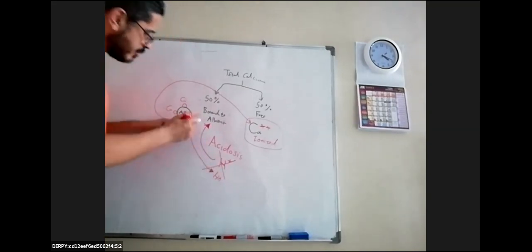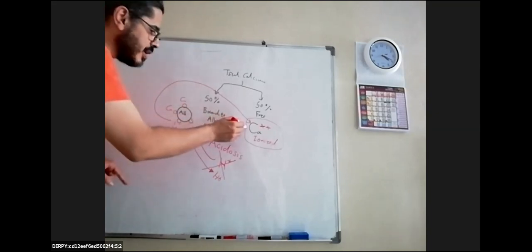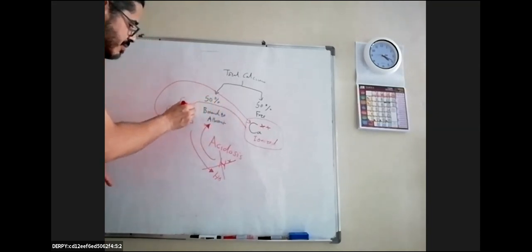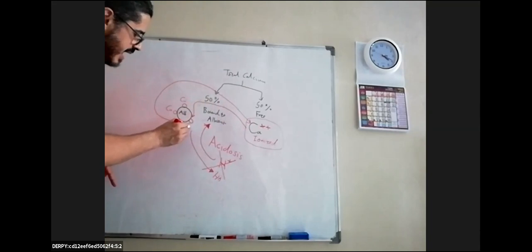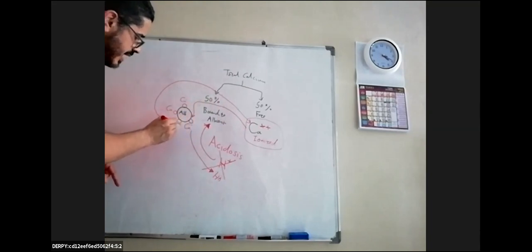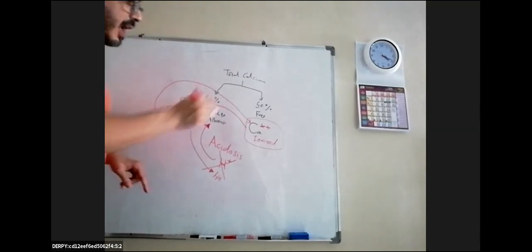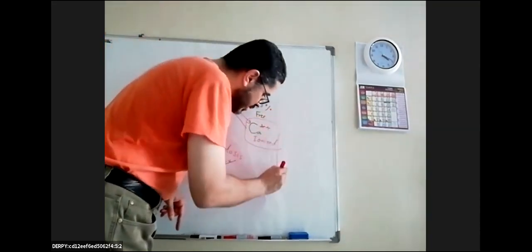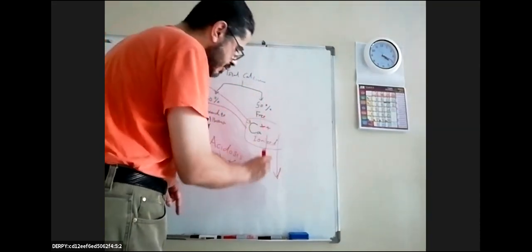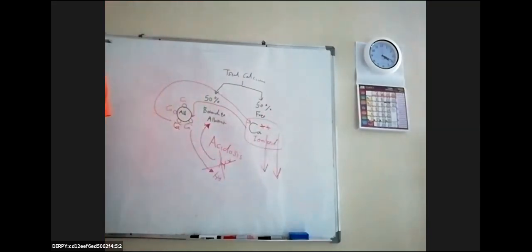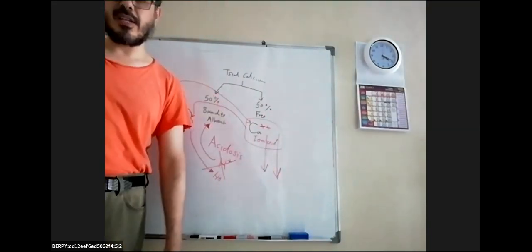So what happens to its place? The ionized calcium will come from there and attach to the albumin. And then the good calcium will drop, the calcium with two horns. Then we go to tetany.